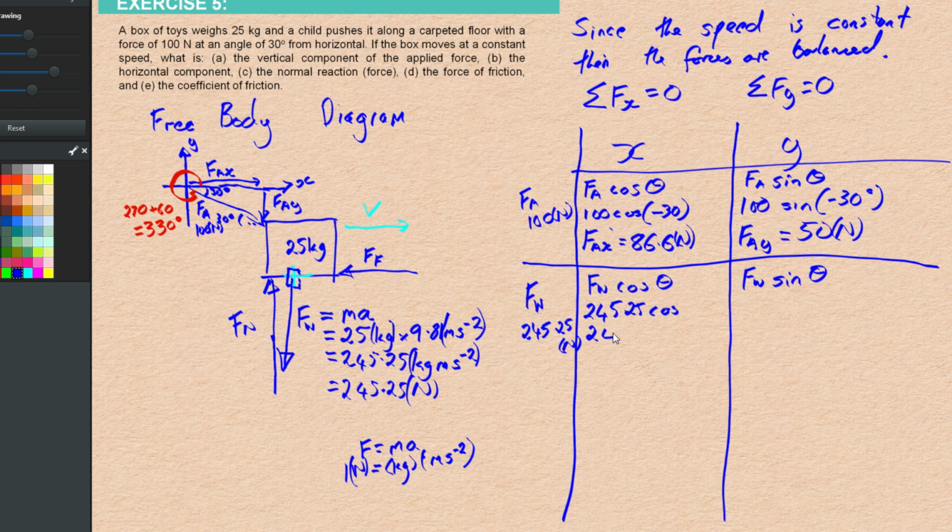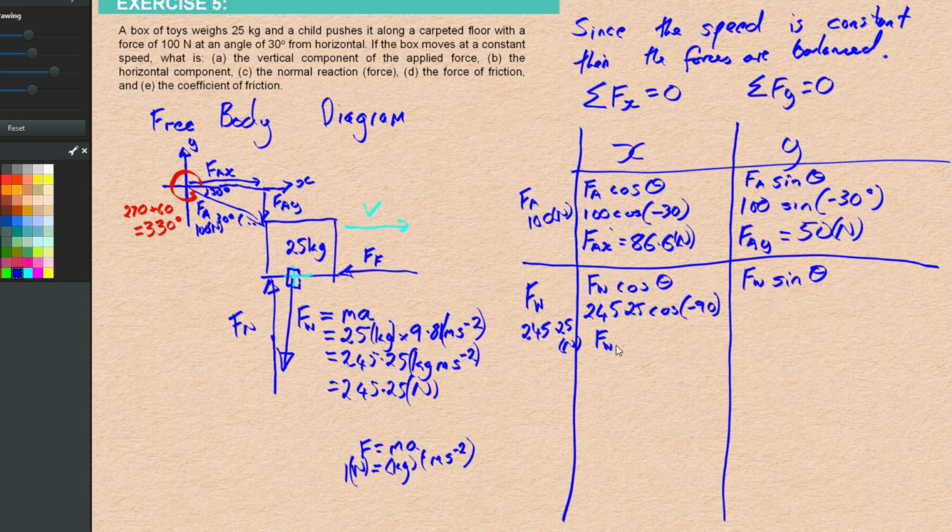So 245.25 cos of minus 90. Put the minus 90 in brackets in case your calculator objects, and we get 0.